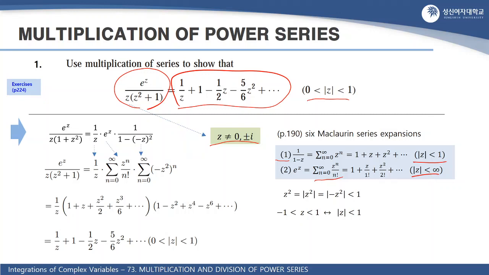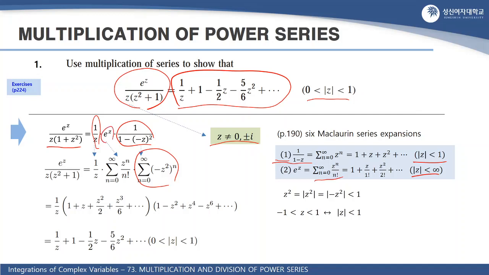So first we want to modify the given function as 1 over g times e to the g times 1 over 1 negative g squared here, because we are going to use this first Maclaurin series expansion. Then we get this summation n equals 0 to infinity of negative g squared to the n.